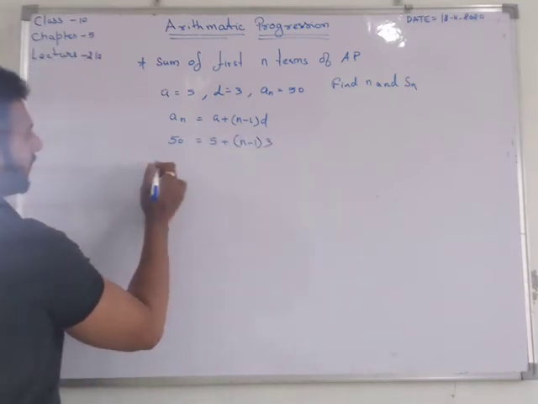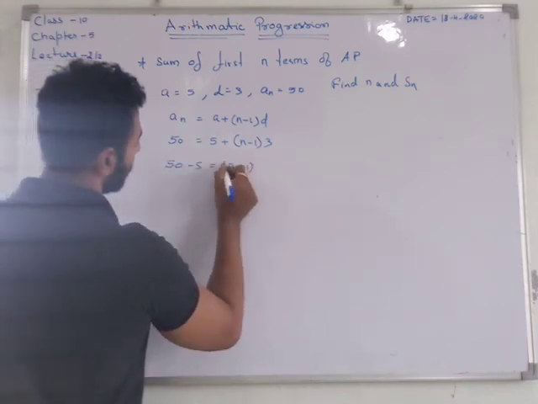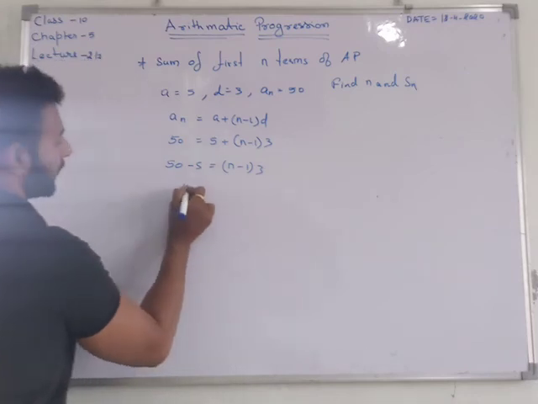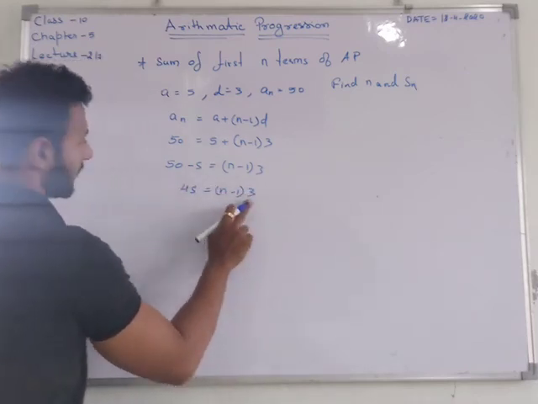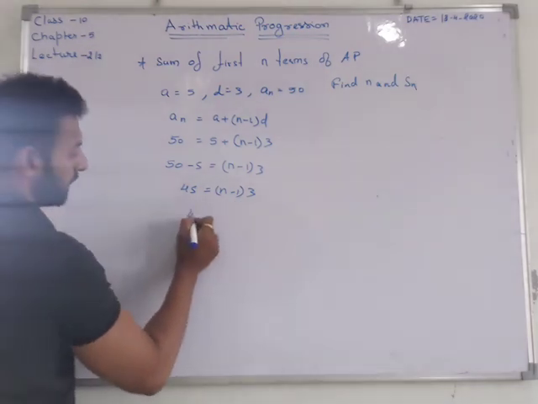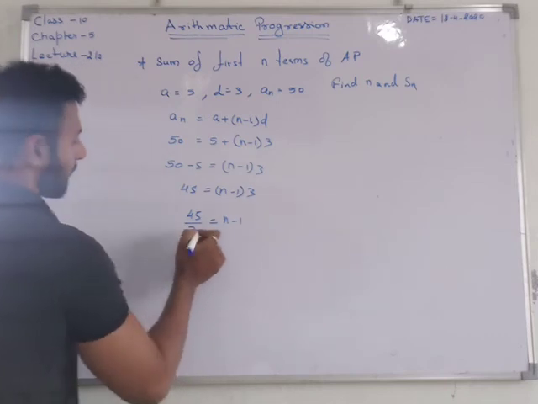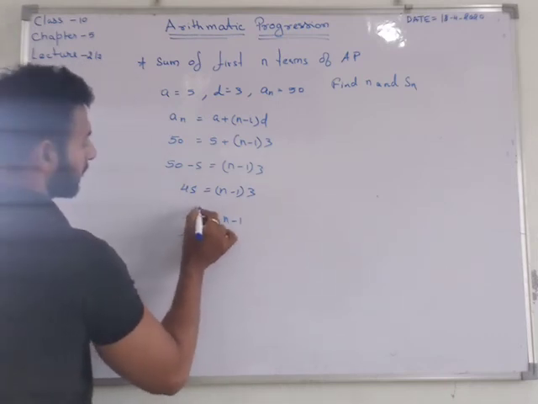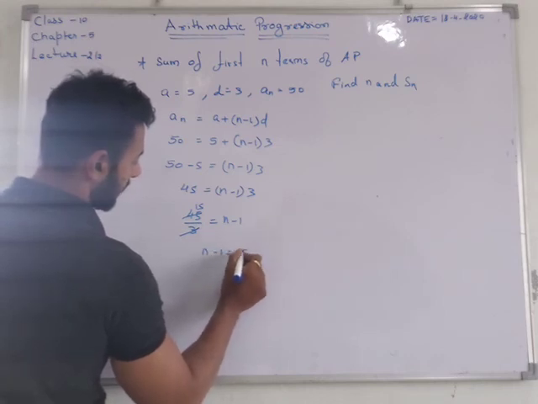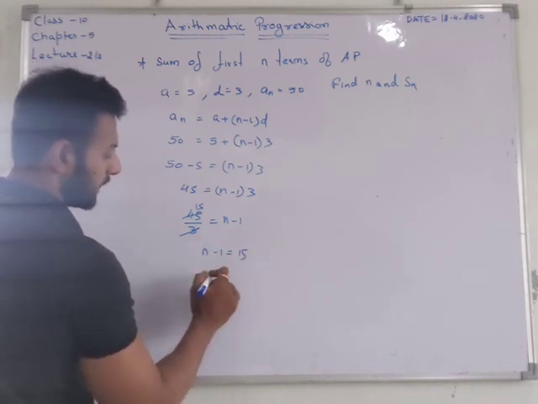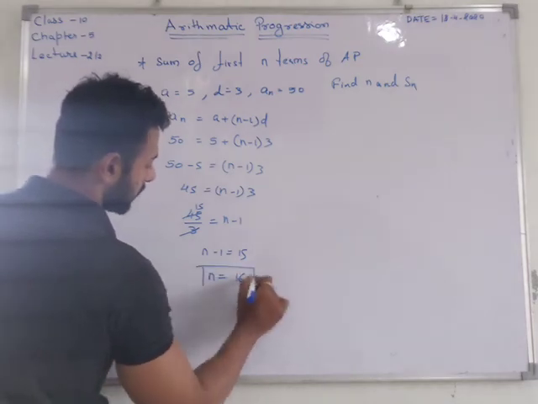Taking this 5 to the left hand side, 50 minus 5 is equal to n minus 1 into 3. This will be 45 is equal to n minus 1 into 3. Taking this 3 to the denominator, 45 by 3 is equal to n minus 1. Solving this, we get 15. So n minus 1 is equal to 15. Taking this minus 1 to the right hand side, we get n is equal to 16.